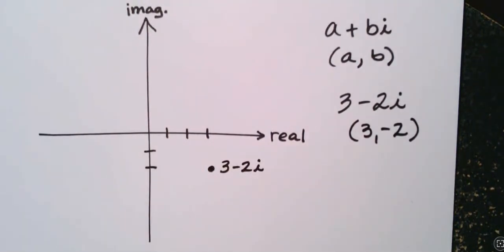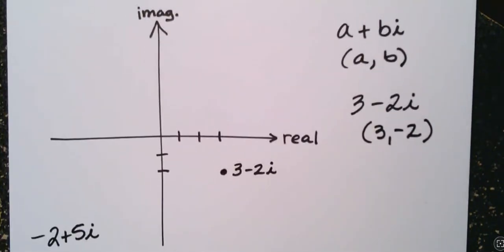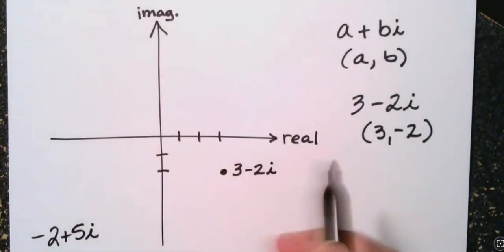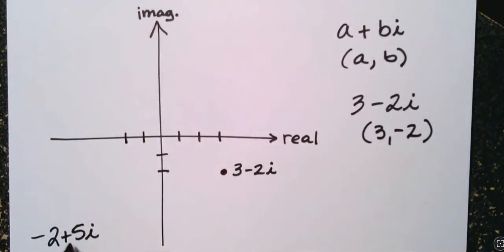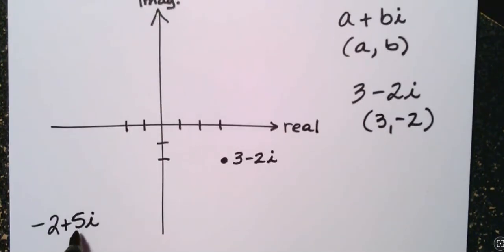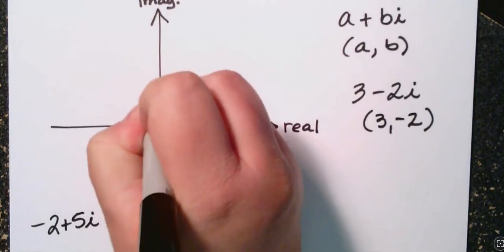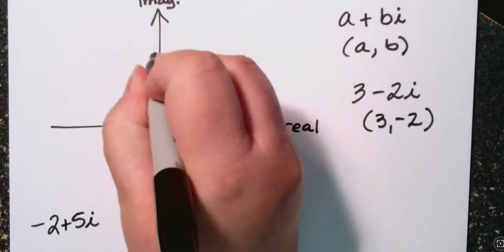All right, so how about negative 2 plus 5i? The real part is negative 2. So I'm going to go 1, 2 to the left. And then positive 5 on the imaginary axis means positive 5 up. 1, 2, 3, 4, 5.